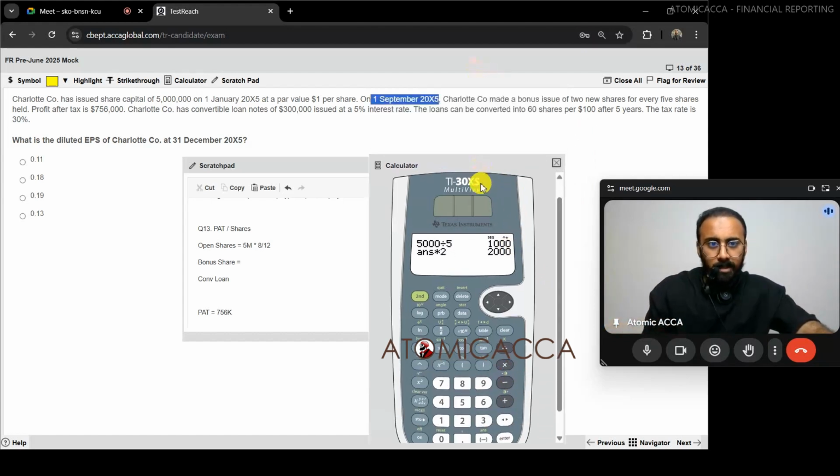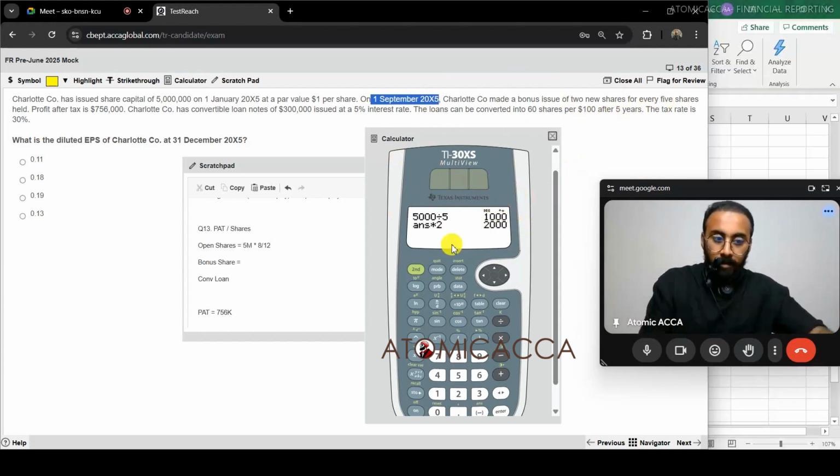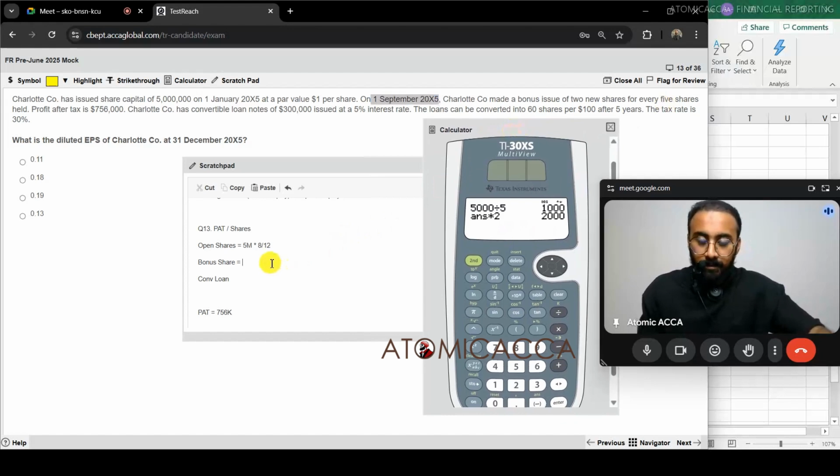So there are 7 million shares right now after 2 million shares are issued, and that is there for 4 months, till the year end.